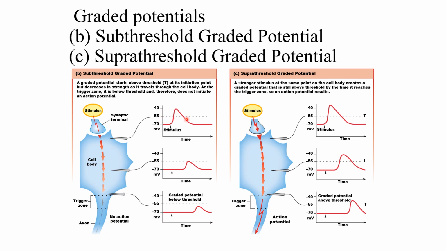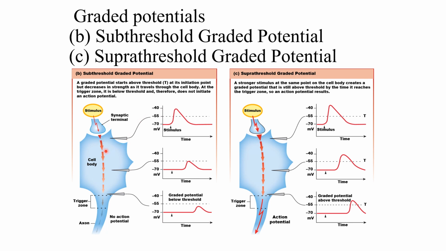Now there is a limit right here that we refer to as the threshold, which is around negative 55 millivolts. We're going to explain in just a minute why that threshold is pretty important.